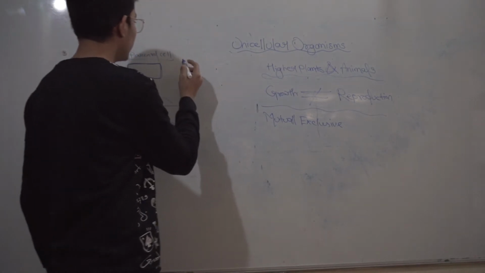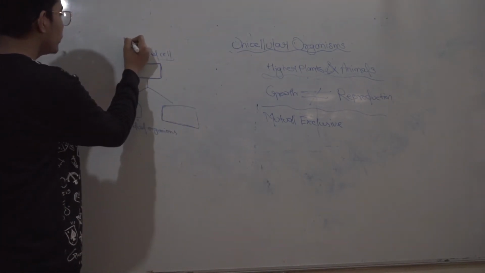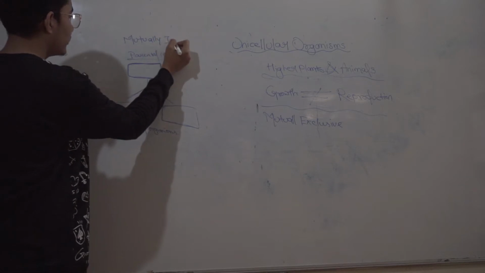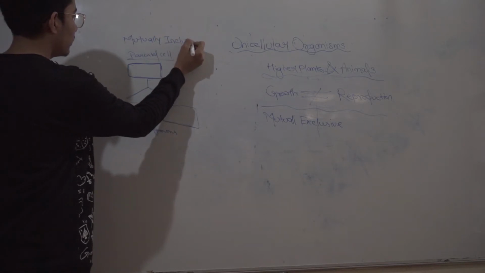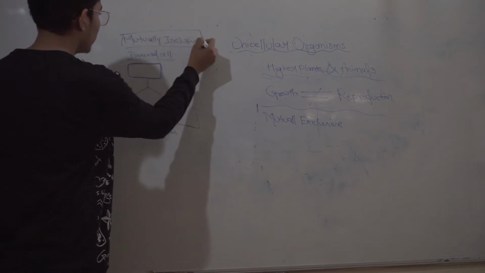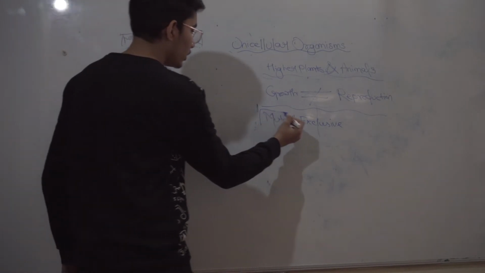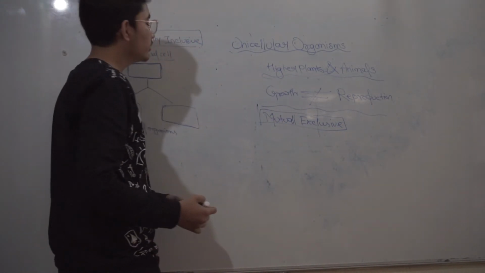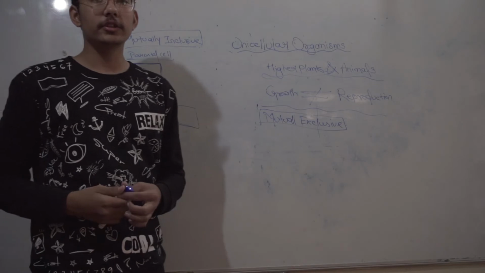But in the case of unicellular organisms, they are mutually inclusive. What are the meanings of exclusive and inclusive? Inclusive means similar or synonym.